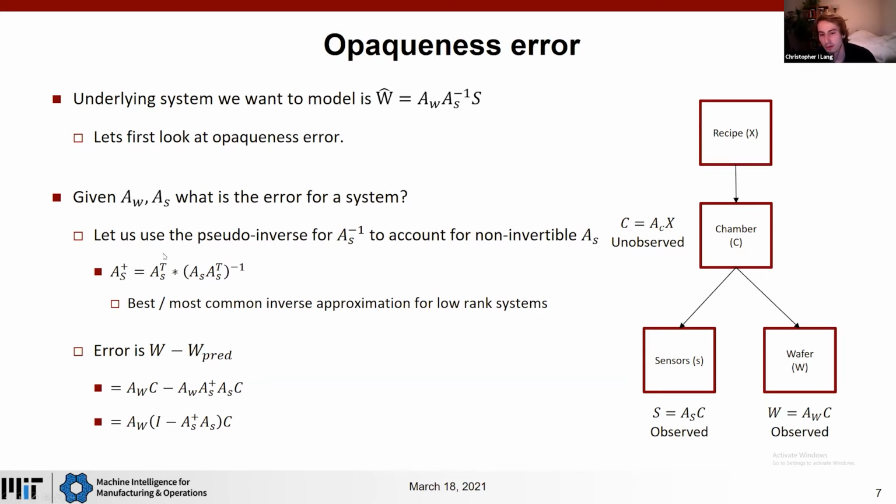With this in mind, we can look at what we expect the error to be. The error is the difference between the real wafer values and our predicted wafer values.